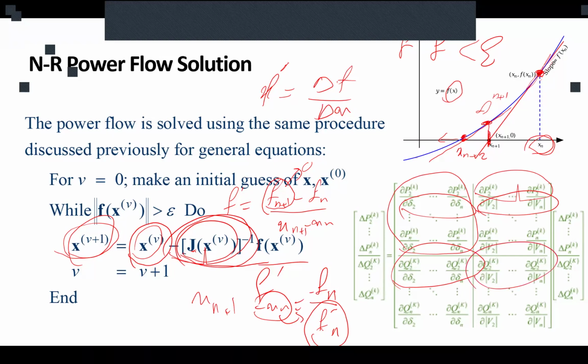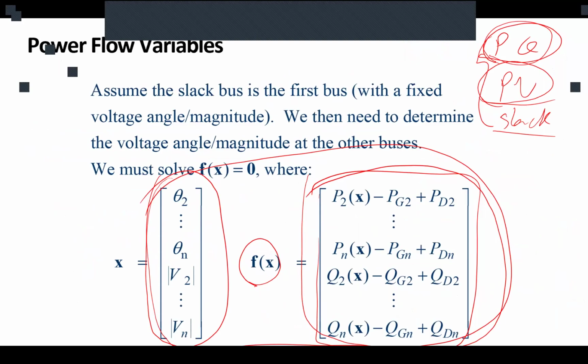So now we have our Jacobian. Are we good? Does that make sense? Any questions so far? Our X is all the thetas and all the V's that we don't know. And our F is all the power balance equations for P and Q.